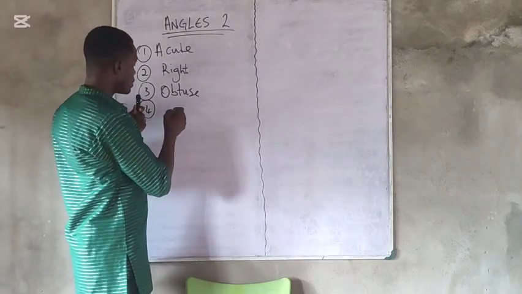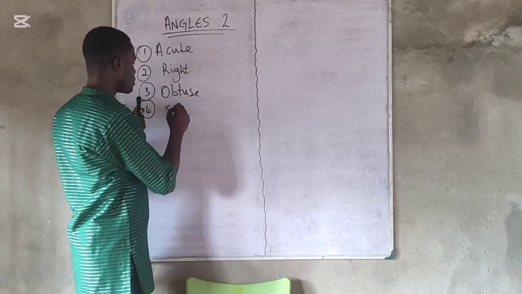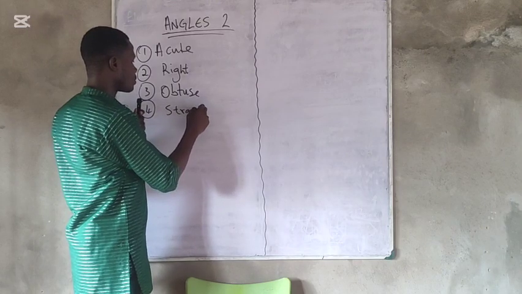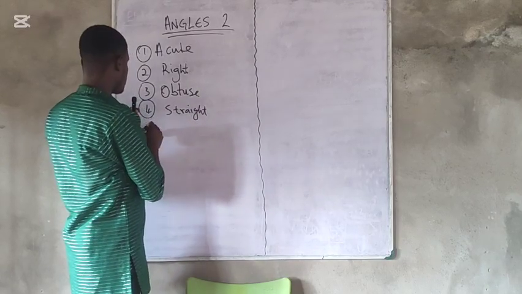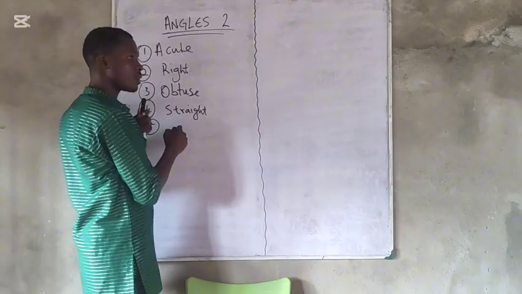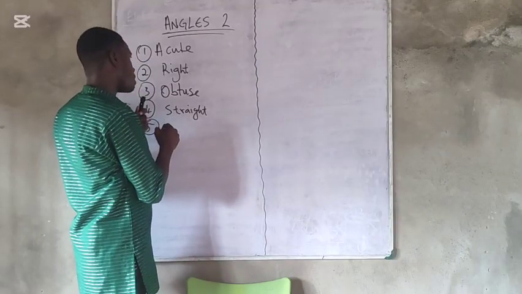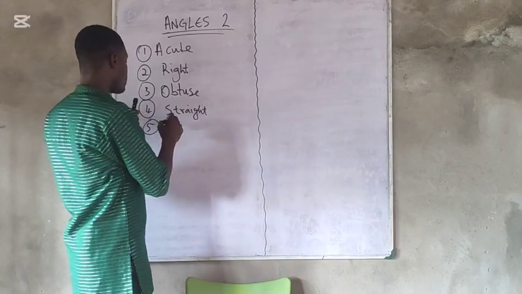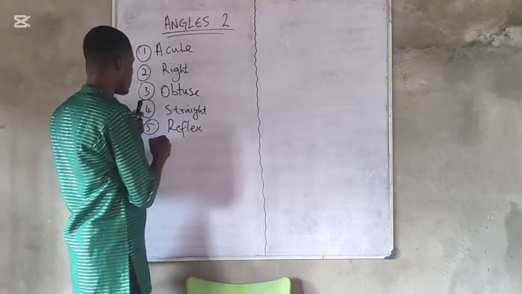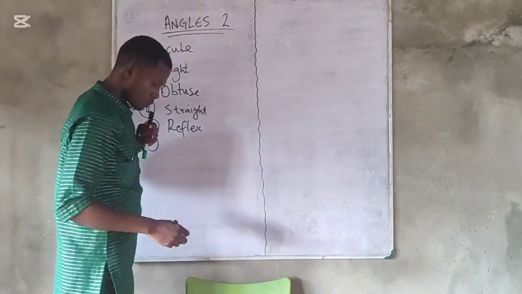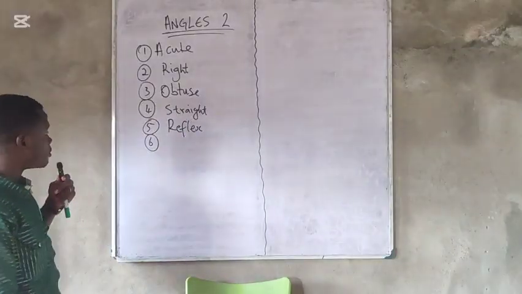After that, we'll consider straight angles, that's angles on a straight line. Number 5, I will talk about reflex angles.